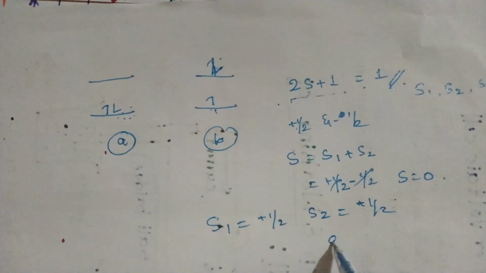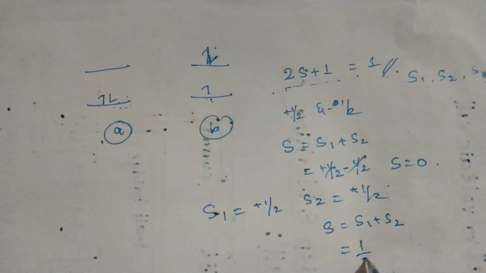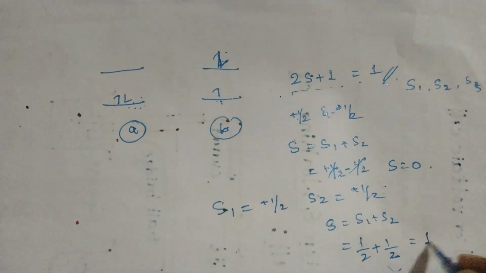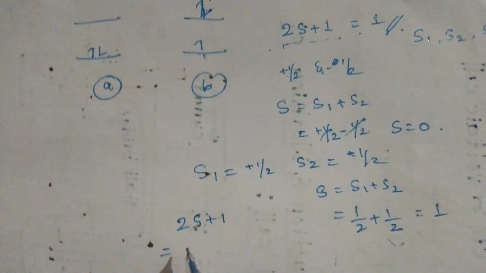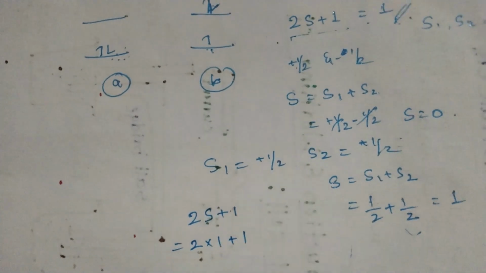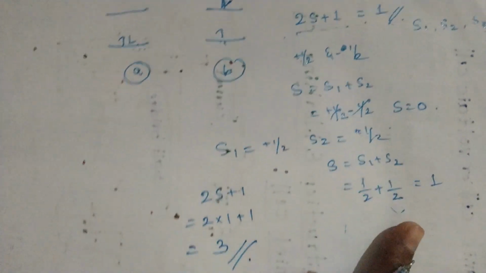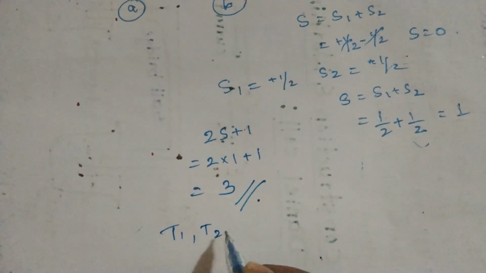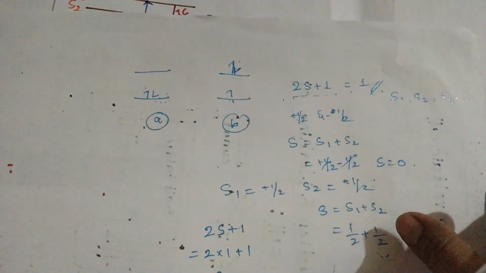So S becomes S1 plus S2, half plus half, that is 1. Substituting in 2S plus 1, 2 into 1 plus 1, it becomes 3. This is called the triplet excited state. The successive energy levels are T1, T2, T3 and so on. Hope you understood.